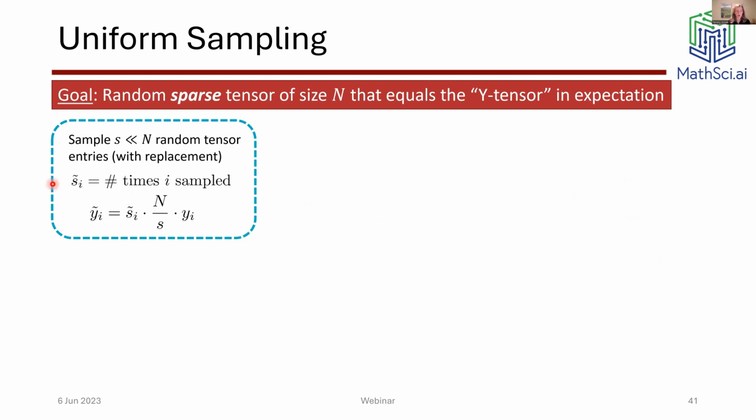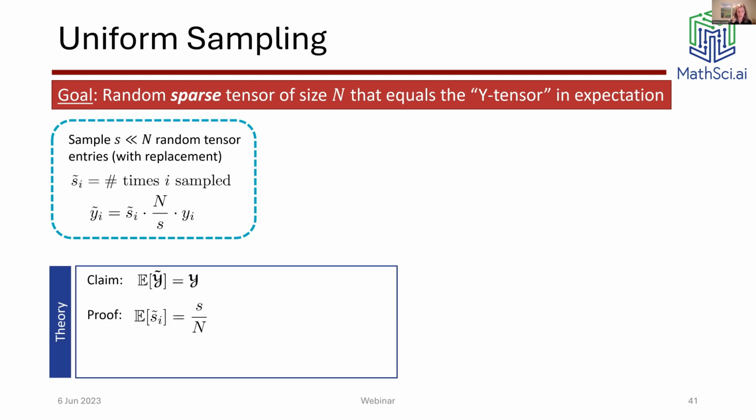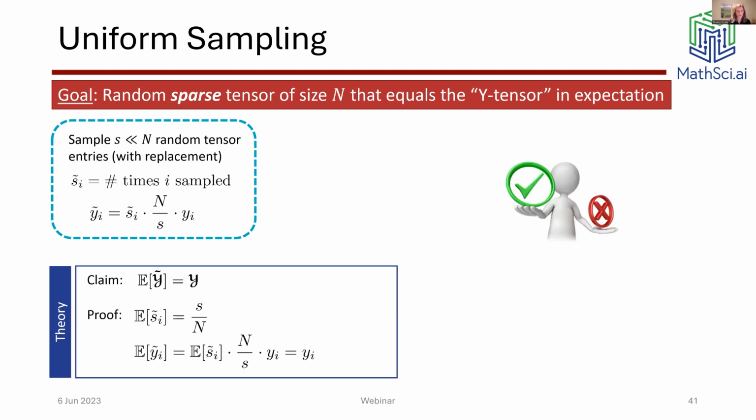We'll define a variable S_i tilde that is the number of times that you sampled entry i when you're sampling uniformly with replacement. Then you can reweight the entries of your tensor Y. You take the original value and upscale it so that in expectation Y tilde is equal to Y. We can prove that, but I'm not going to go through the details right now.